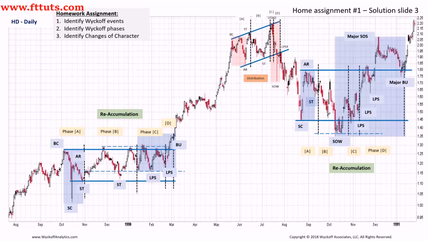How to read the big down spread candle in early December of 1991? Probably 1990, right? This one right here, that comes from Nilesh. Well, this is just an ending of the major sign of strength, and that's it. That's how we would read it.